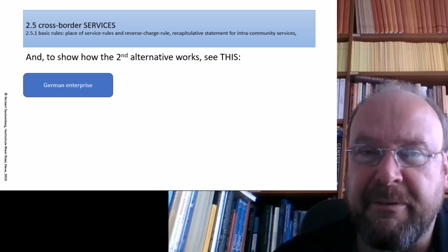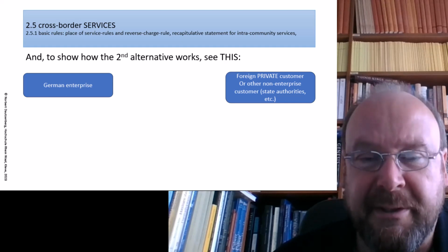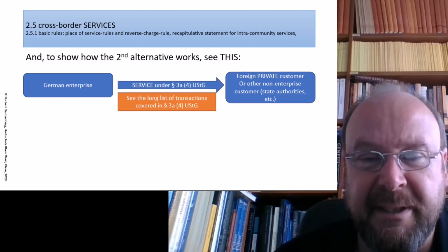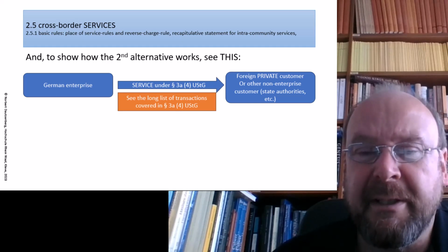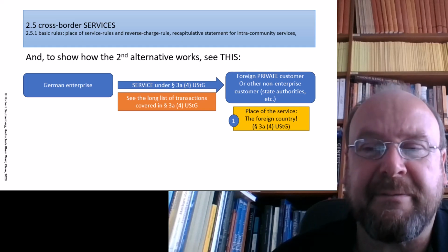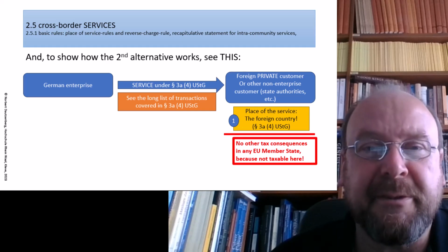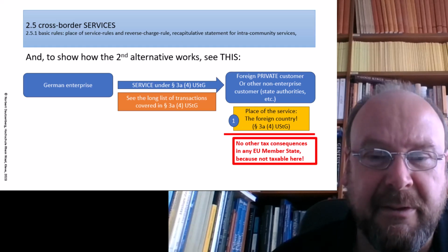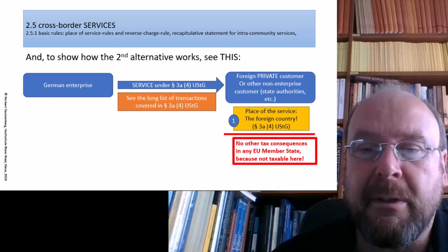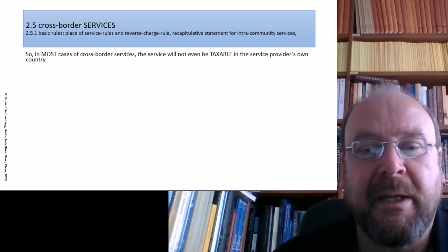That was if you have a German enterprise and you have a private customer from a third country, then a service, if it's covered in the catalog of 3A4, leads to the result that the place of service is in the foreign country, and then nothing else happens because no EU member state will ever feel competent to tax that thing. Okay, so let's go a bit into details.